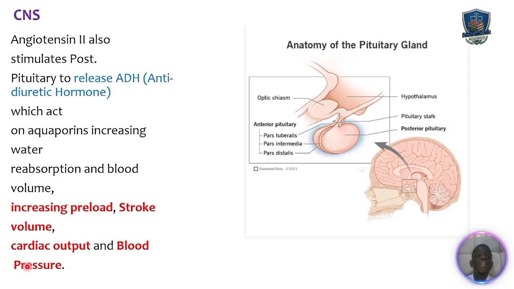ADH acts on the aquaporins, increasing water reabsorption. And when you increase water reabsorption, what does it mean? It means that you are going to increase the blood volume. And when you increase the blood volume, you are increasing the preload, the stroke volume, the cardiac output, and finally the blood pressure. So angiotensin II also has an impact on ADH release.